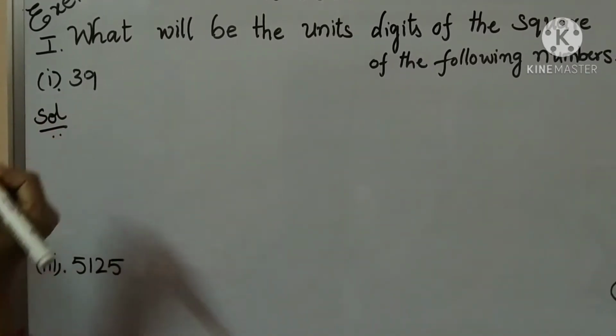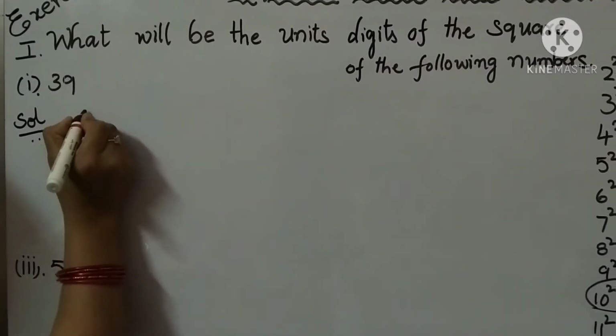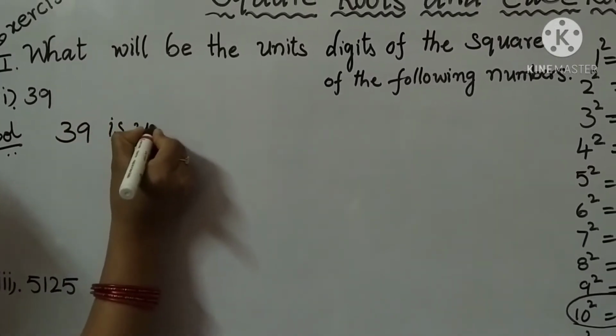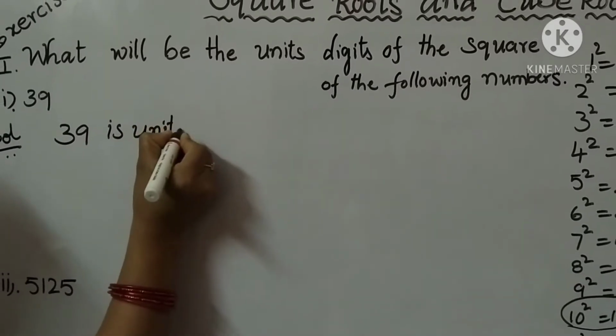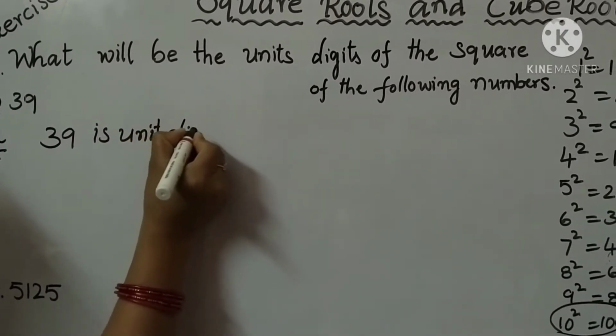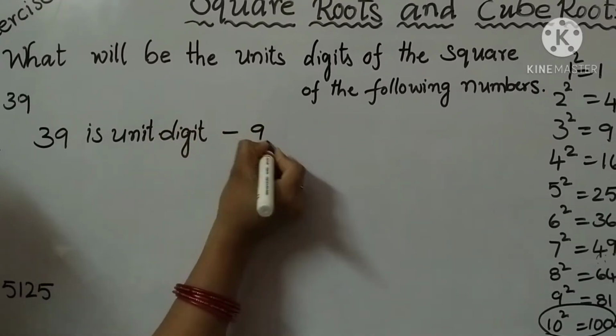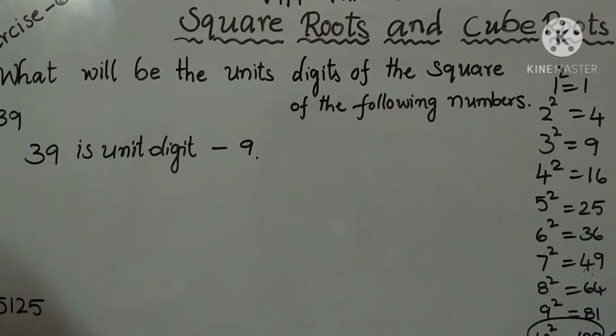Solution. 39: the units digit is 9. Did you understand, children?